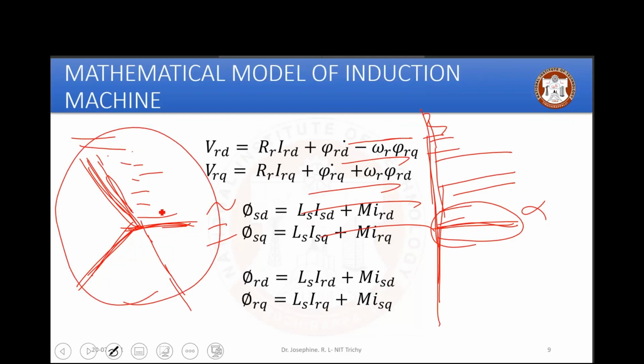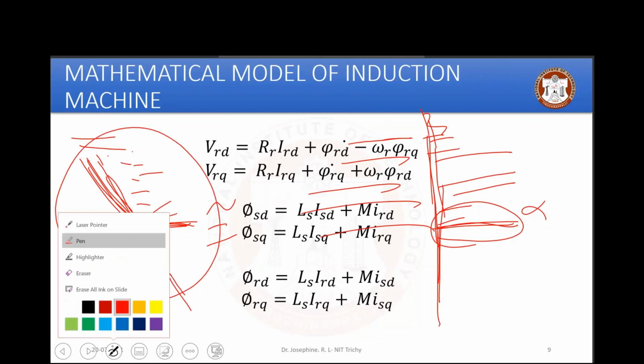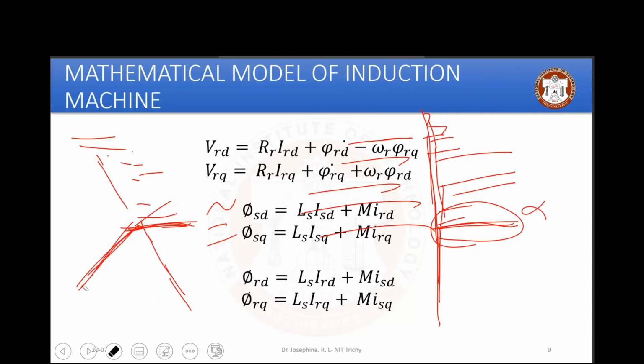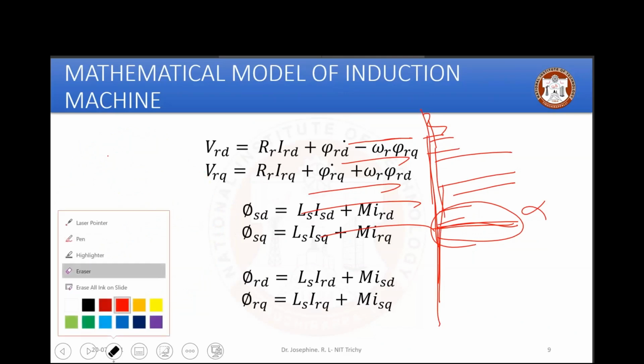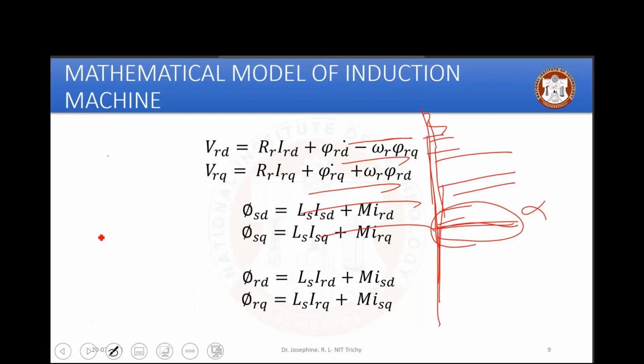Suppose A magnitude is somewhere like this and B is very large, C can be somewhat half of that.